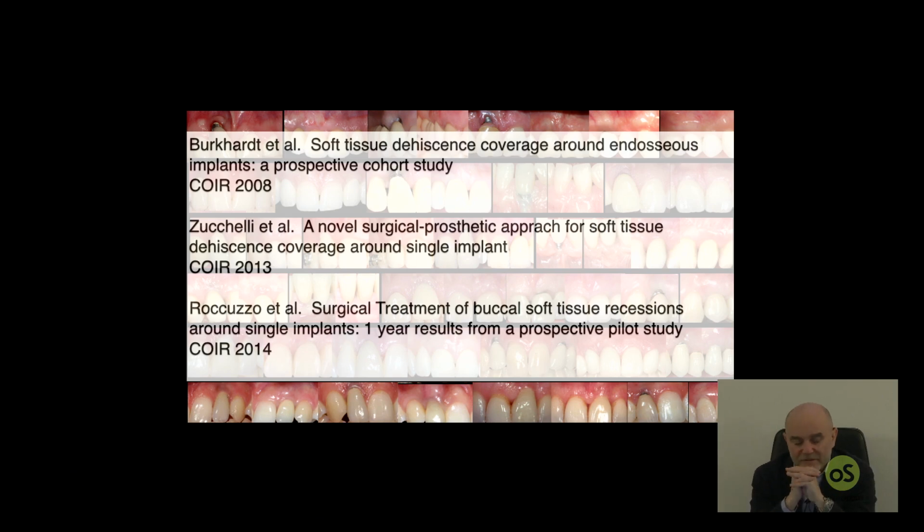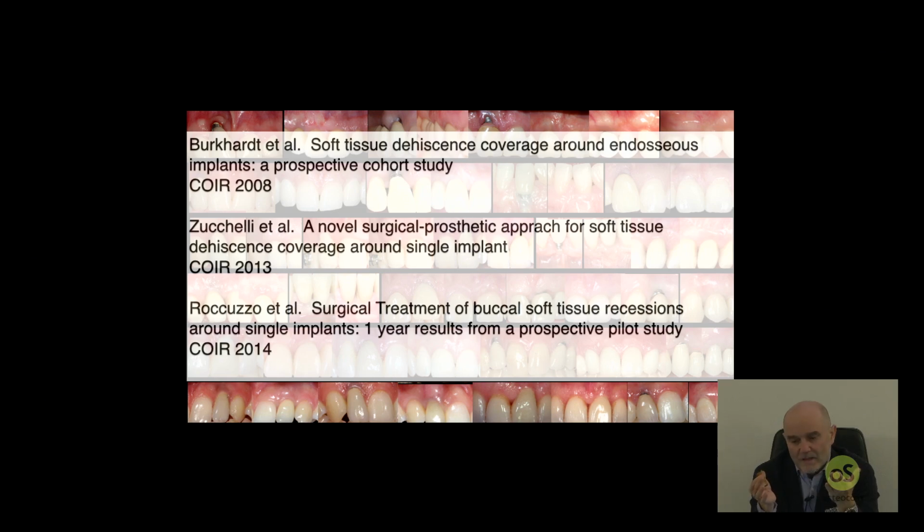But from the results of this study, we can say that the coverage, and in particular the complete coverage, which means the capability to reposition the soft tissue margin at the same level as the homologous contralateral tooth, is really unpredictable.